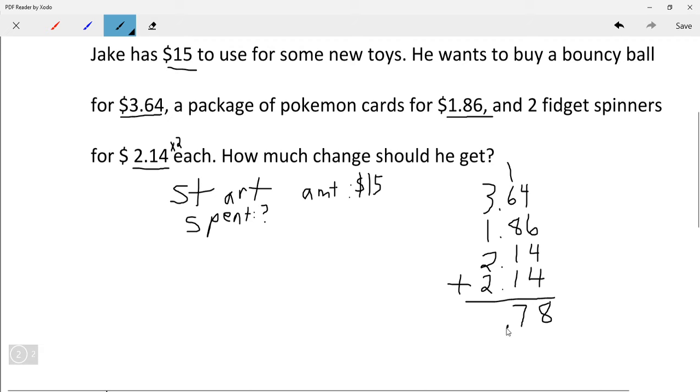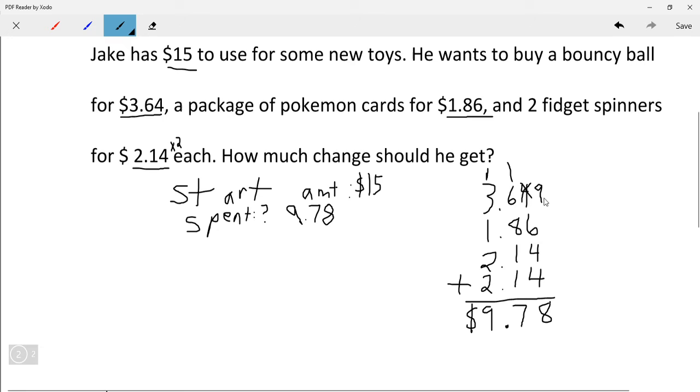We bring down the decimal, and we carry the 1. 1 plus 3 is 4, plus 1 is 5, 2 plus 2 is 4, so 5 plus 4 is 9. So he spent $9.78.